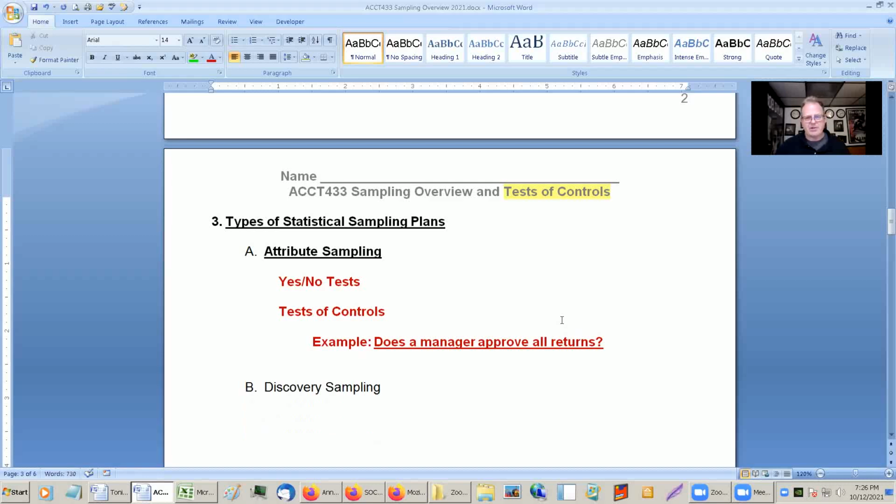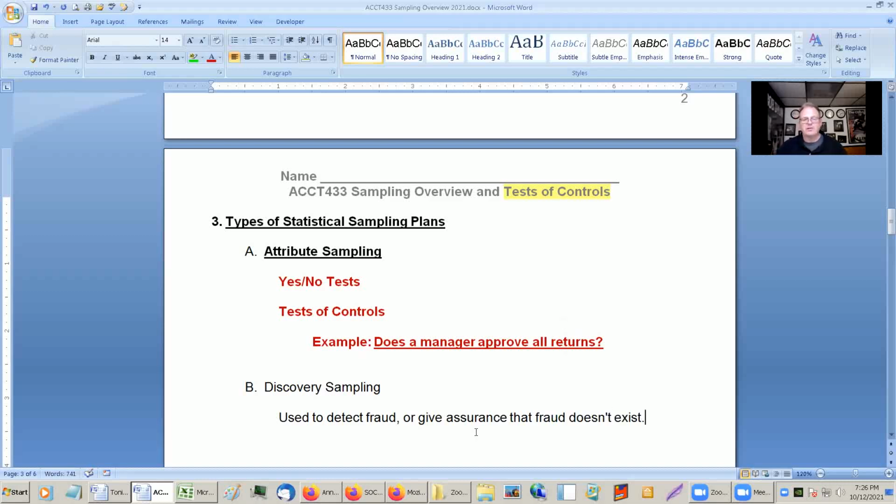Discovery sampling is not used as much. This is usually used to detect fraud or give assurance that something does or doesn't exist.